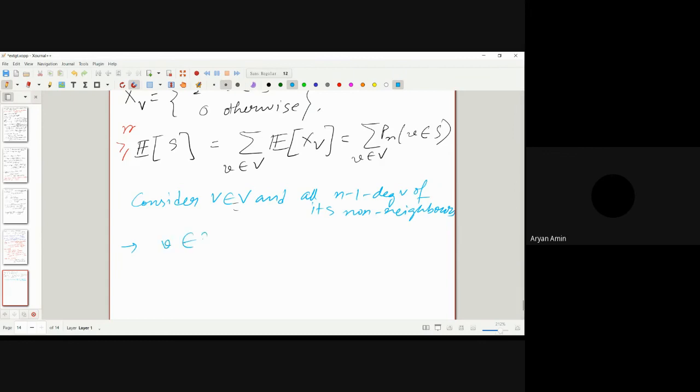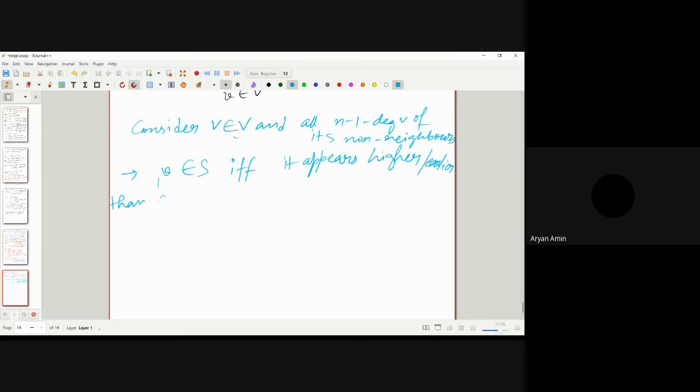v can belong to S if and only if it appears earlier than all of its non-neighbors. Convince yourself that this is true, because in all other cases you will find that v gets killed earlier.